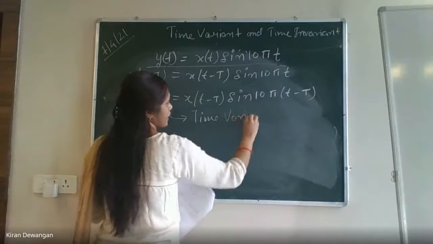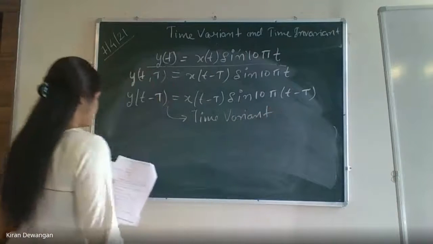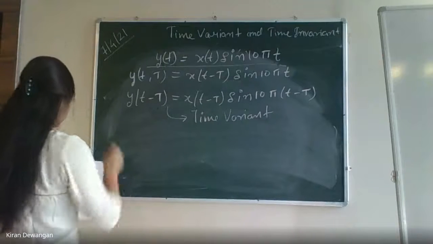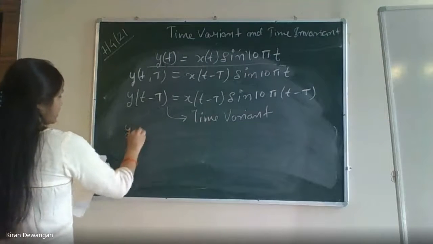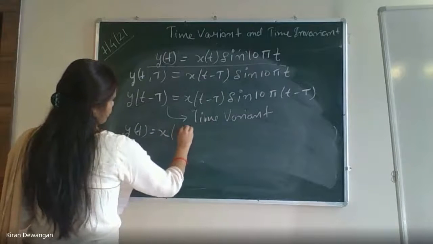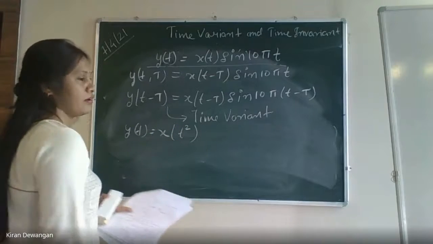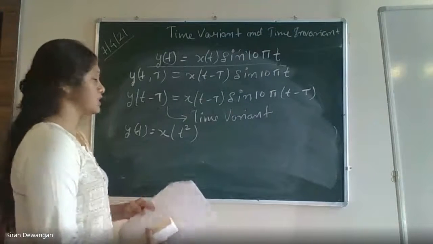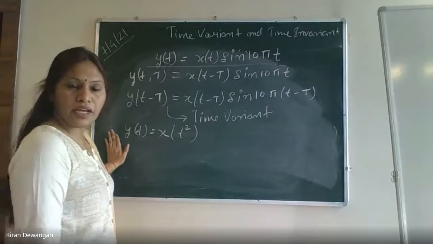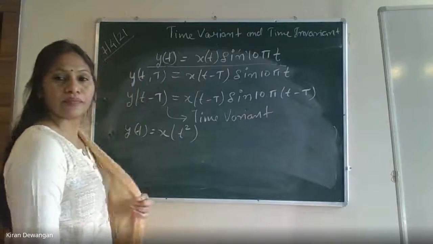Time variant system. Okay? Now let us check another question. y of t equals x of t square. Just check whether it's going to be a time variant or invariant system.